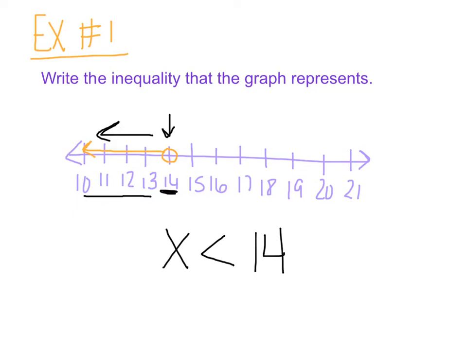Looking at this, x is less than 14 because it's going toward these smaller numbers. So it could be any of these numbers that are smaller than 14. It's less than because it has an open circle. If the circle was closed, it would be less than or equal to.